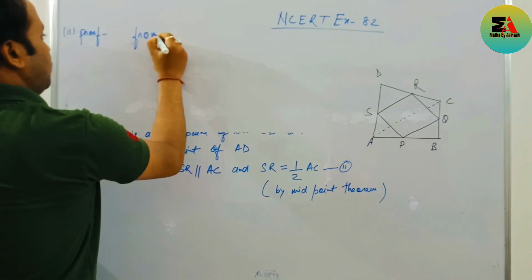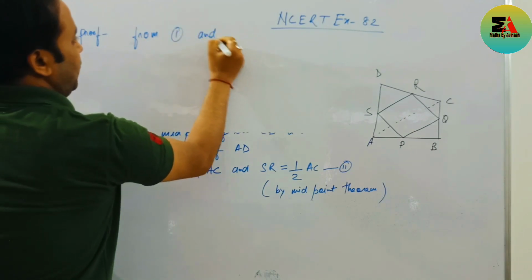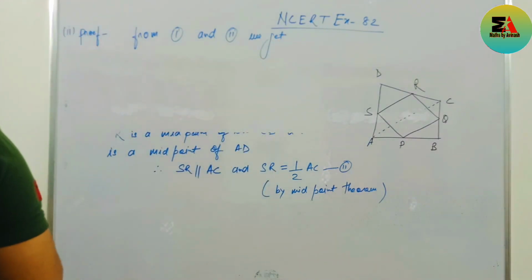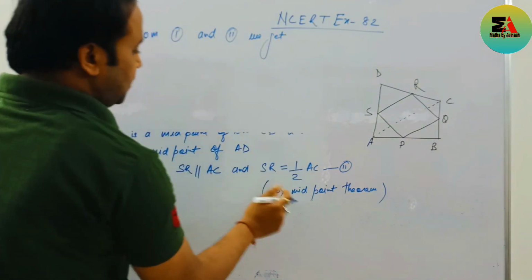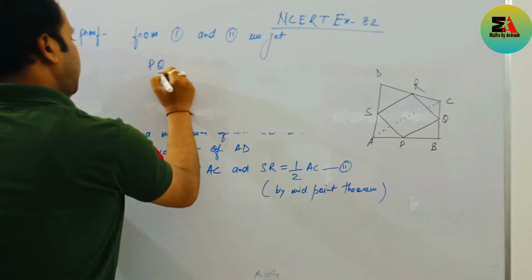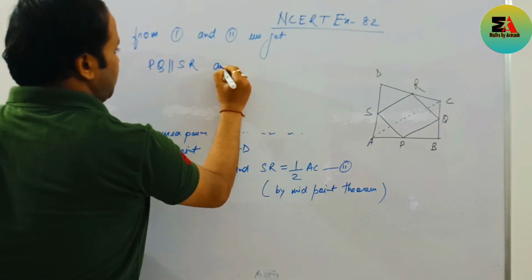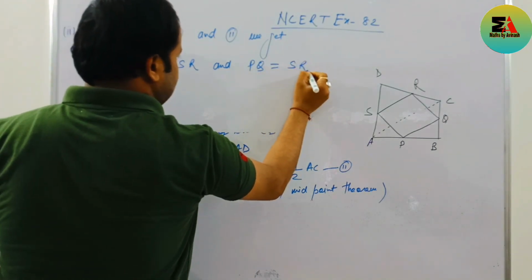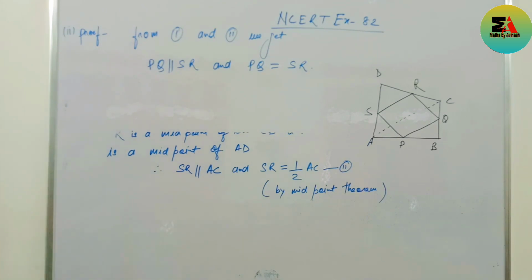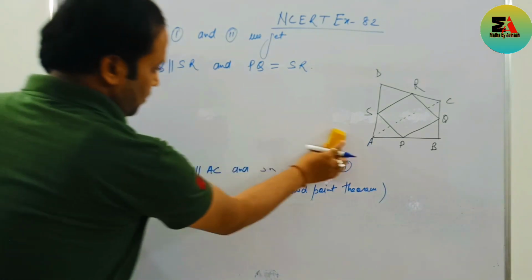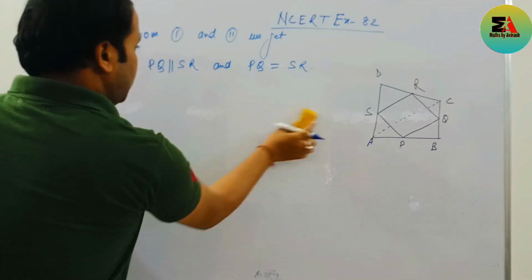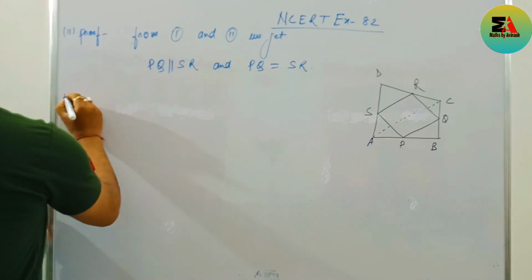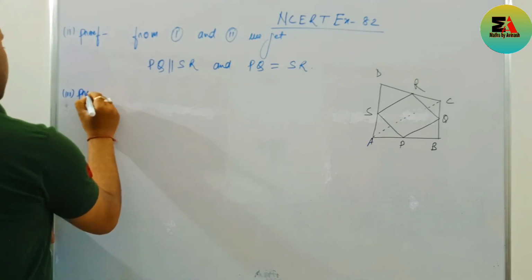From equations first and second we get PQ parallel to SR and PQ equals SR. This is the proof of the second.